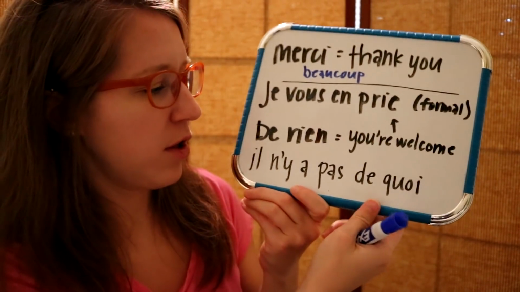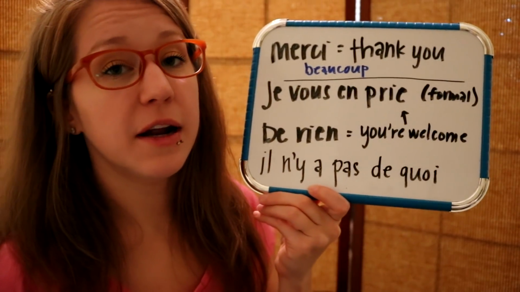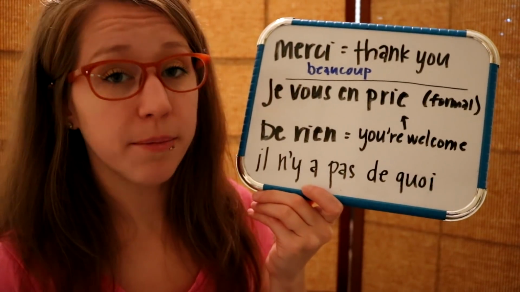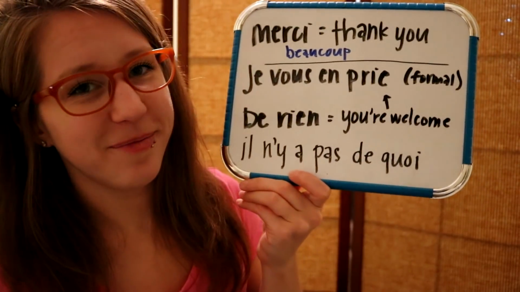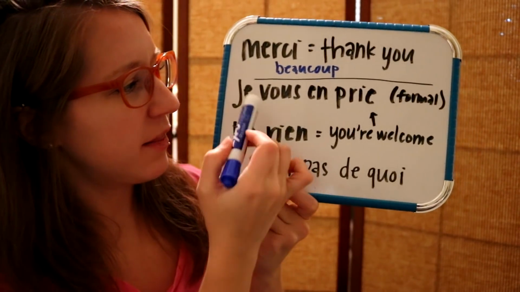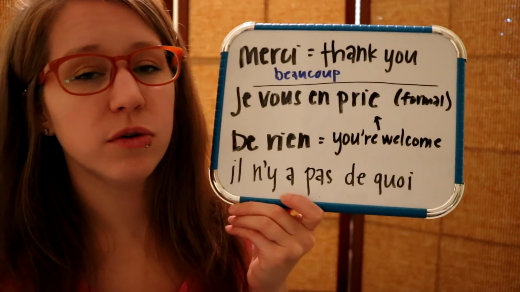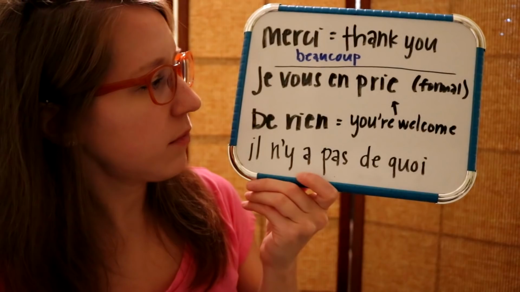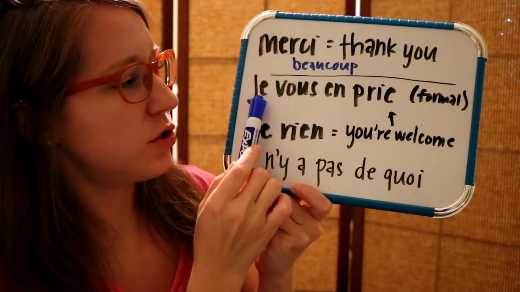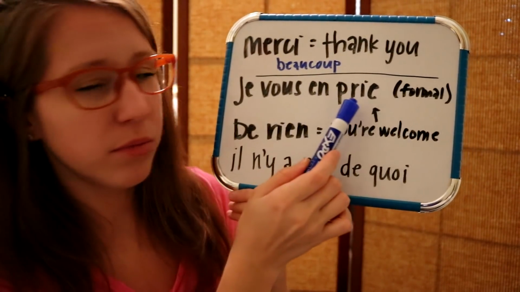Then we have 3 different ways that I know of to say you're welcome. So all 3 of these mean you're welcome. However, this is the most formal way I know to say this. So this is je vous en prie.